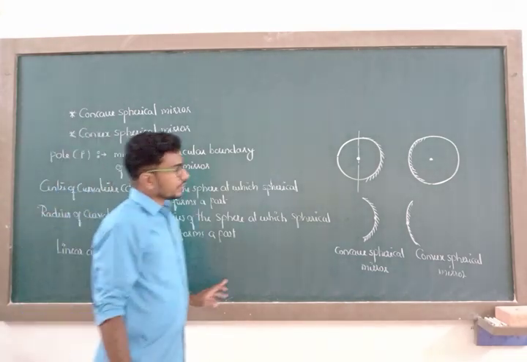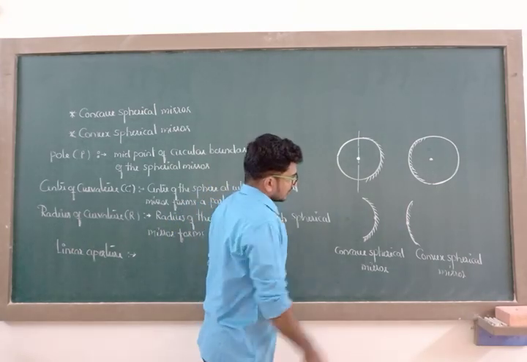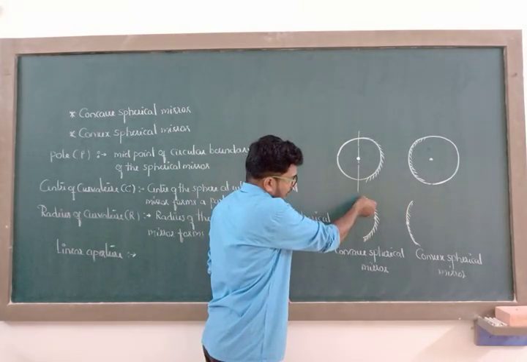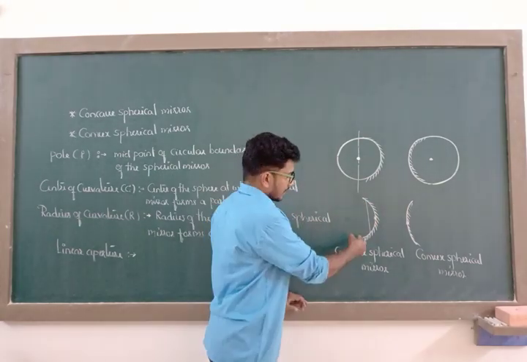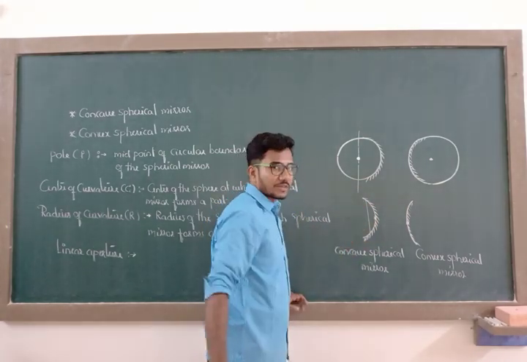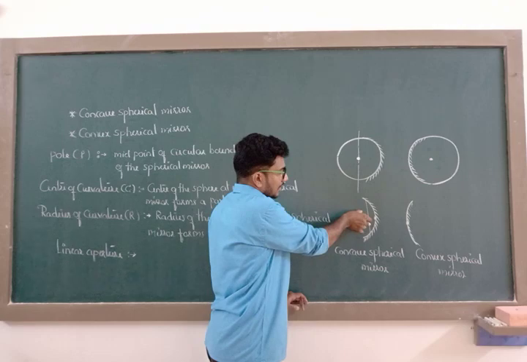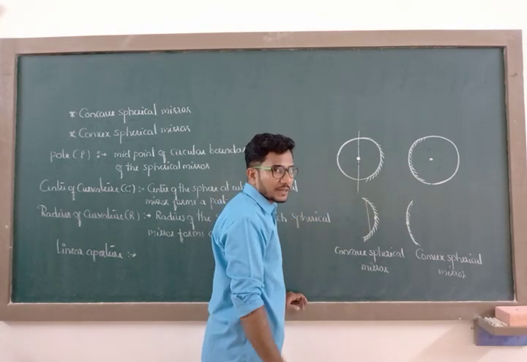Diameter of circular boundary of the spherical mirror means, so this is the diameter of circular boundary of the spherical mirror. This is known as linear aperture.